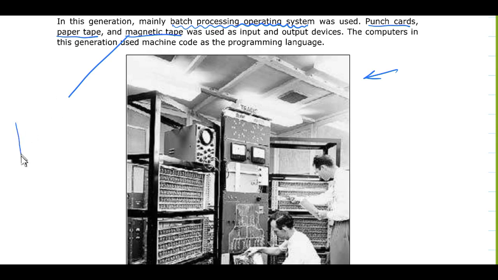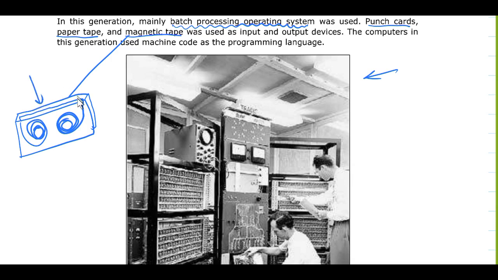If you want to have a picture of what a magnetic tape looks like, I'm not sure how old you are, but in the old days we used to have cassettes, and cassettes used to have a small hole there and a small hole there, and at the top here we used to have not a thread but rather a magnetic tape that used to run inside this. So this used to be a tape, and information used to be stored here.